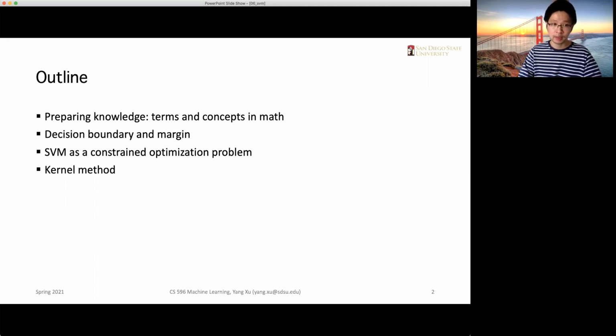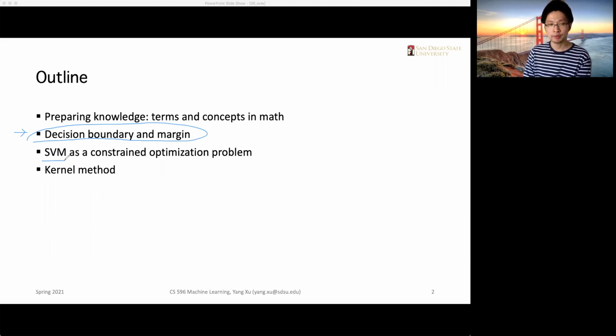Then hopefully we will have time to cover the decision boundary. How do we define the decision boundary that is necessary for the definition of an SVM model?